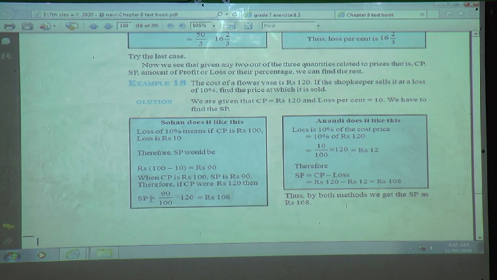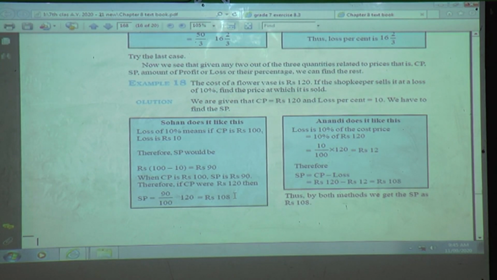If CP were rupees 120, then what will be the SP? SP is equal to 90 upon 100 multiplied by 120. We reduce it and we get 108 rupees.